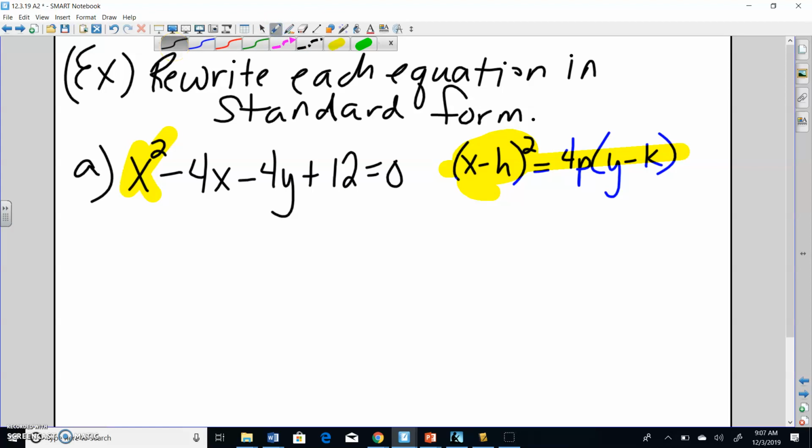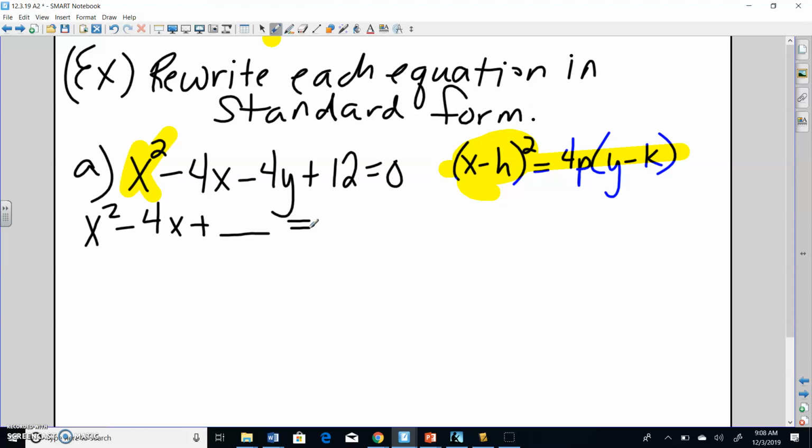So completing the square, we're going to want x on the left. Notice on the equation on the right, we have our quantity of x being squared on the left, everything else is on the right. So we want to get just our x terms on the left, so that's x squared minus 4x. But I'm going to leave a blank because I know I have to complete the square for that x. That means that negative 4y and 12 have to get moved to the other side.